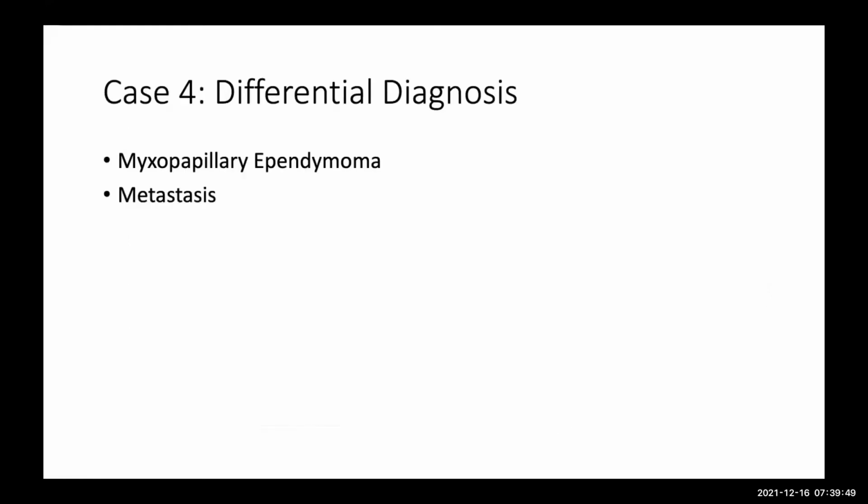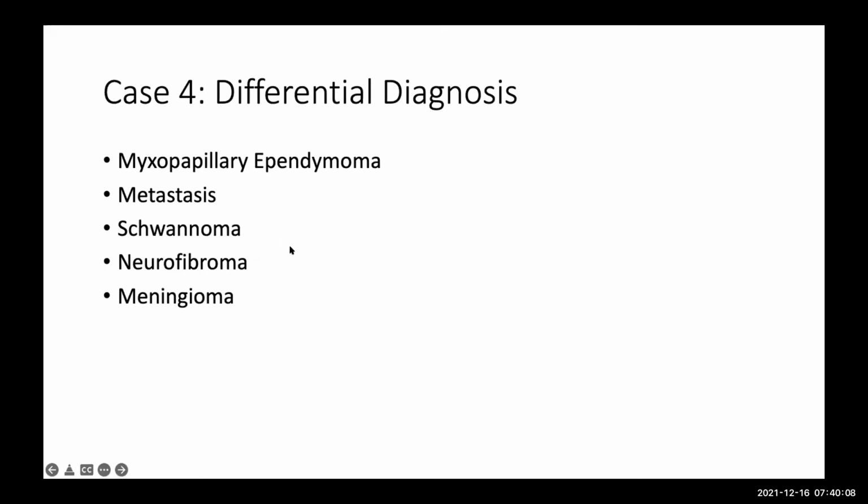Yeah, and the one we talked about before, honestly, the only thing different than a myxopapillary on the images is that it has a little bit more dense solid enhancement, but they can be deceivingly similar on T2 and T1 imaging. And then you have the rest, schwannoma, neurofibroma, and possibly less likely meningioma. So Dr. Saad, I'll hand it over to you. Okay, thank you.